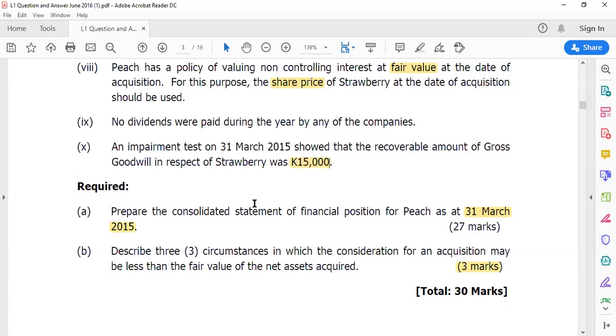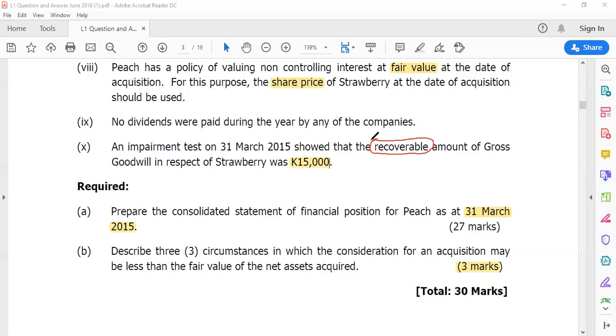15,000. Okay. Now here, Mr. Kafuti, we said English should be able to work. Have you said this 15 is not an impairment? That's why the examiner plays with students. It is the recoverable. The recoverable amount of gross goodwill in respect of Strawberry was 15,000.